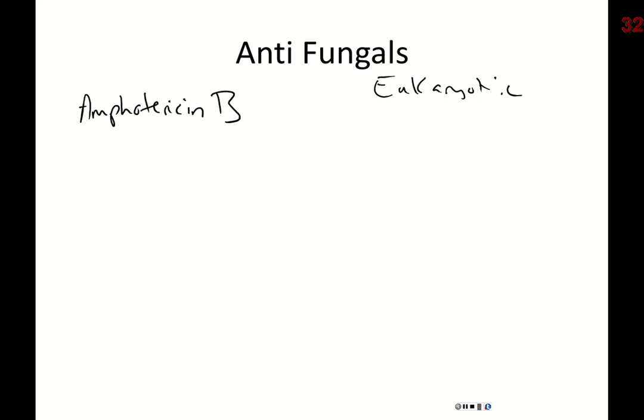So amphotericin B does tend to have quite a few side effects in humans as well, but it is a way to target the fungi, and what it does is it affects the cell membrane of the fungus. And it's really good against some fungi like Candida.